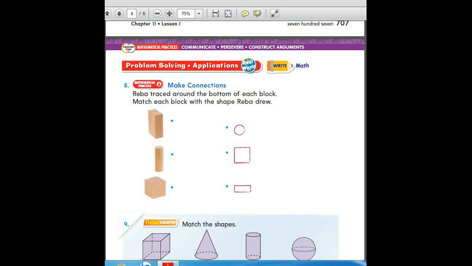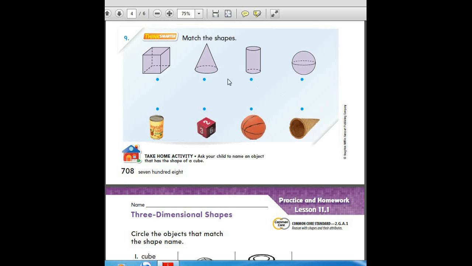Number 9, match the shapes. We have here a cube, cone, cylinder, and sphere. The cube looks like this can or the dice, the ball or the ice cream cone. Yes, the cube looks like the dice, so match them together.